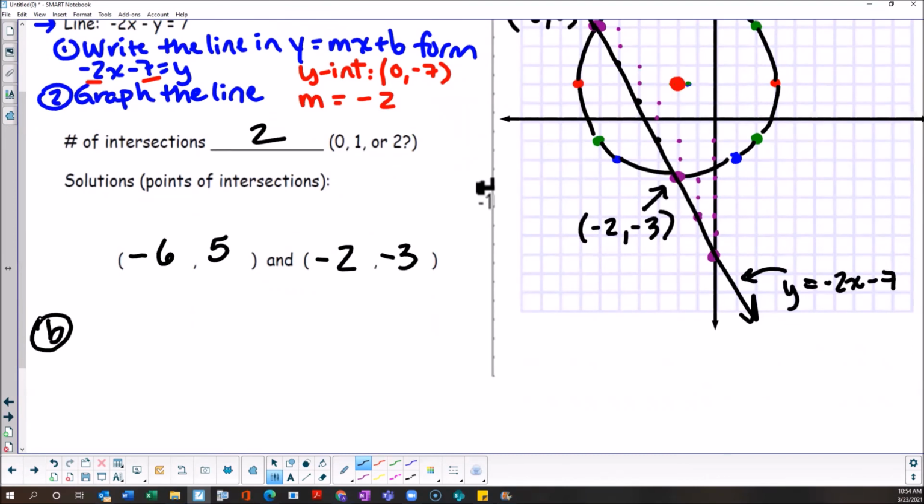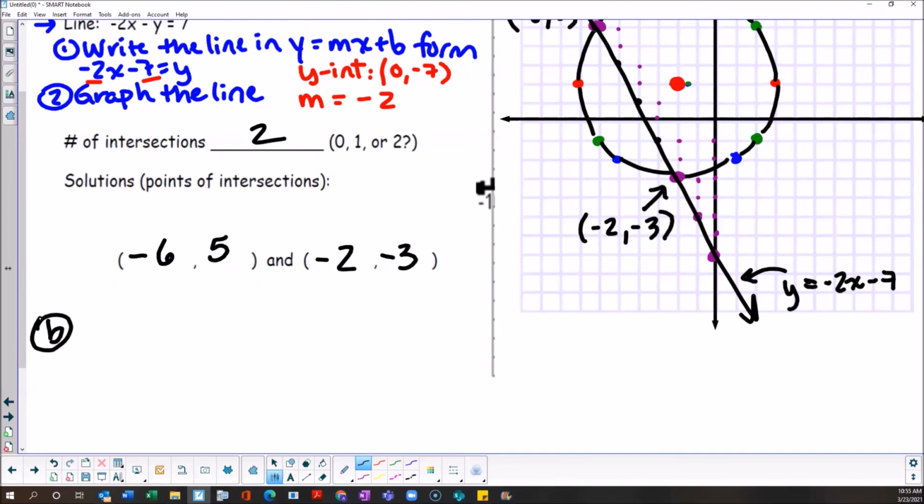If you can find the points of intersection, the solutions for a line that has a slanted slope with a circle, you're going to be fine doing that, okay?